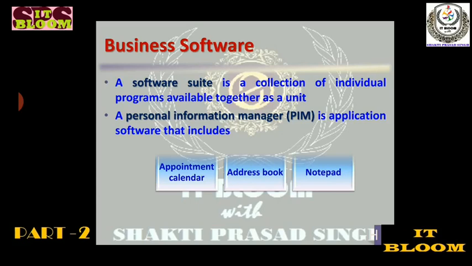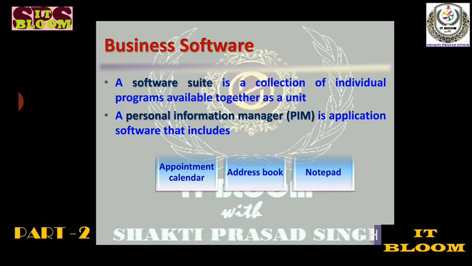Next one is the personal information manager. Personal means used by individual people for maintaining records of information for personal use. That is PIM. This is application software which includes appointment calendars, address book, and notepad. The appointment calendar is used for appointments, to whom you have made the appointment, just like a personal diary.